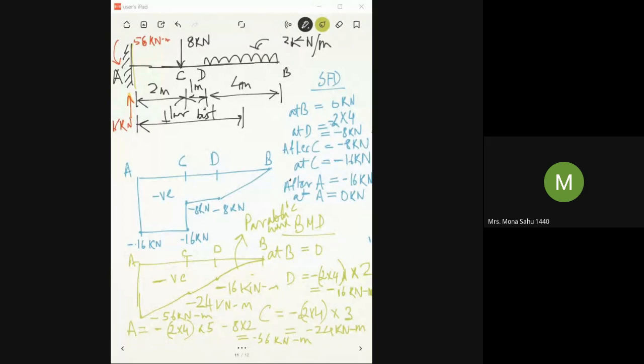So you have to draw everything in scale so that I know whether you're able to understand the concept or not. Okay, so we will be solving for cantilever beam, simply supported beam, and overhanging. Okay, so today's class, I'll give you another problem to do as homework.